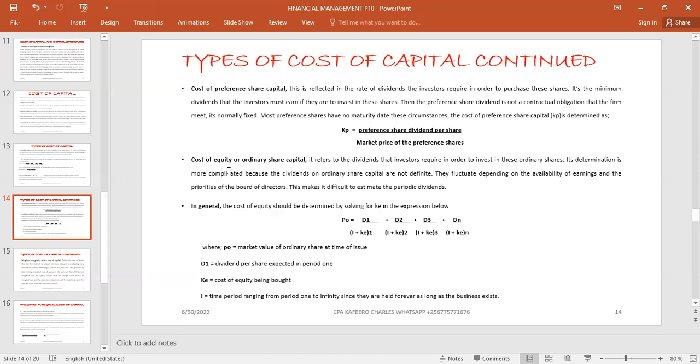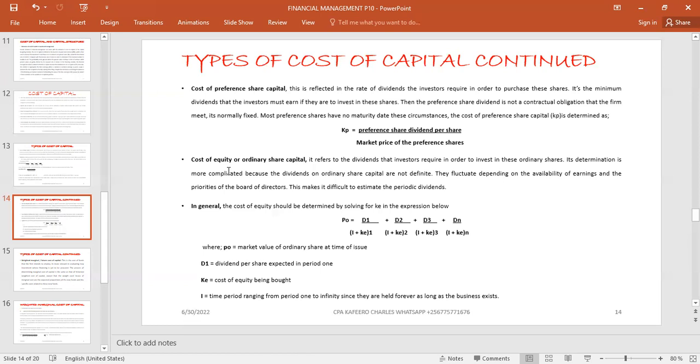This is the ordinary share capital. This refers to the dividends that investors receive or require in order to invest in these ordinary shares.